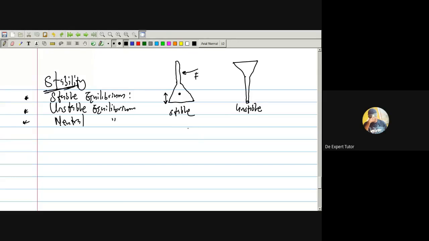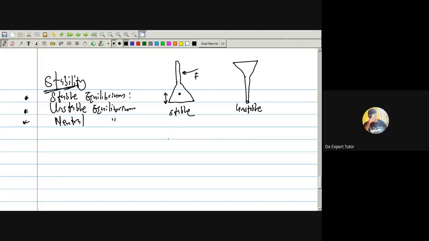And what do we call neutral equilibrium? This is when I have the funnel lying on the ground horizontally, like this. So the body is said to be in neutral equilibrium. Why?